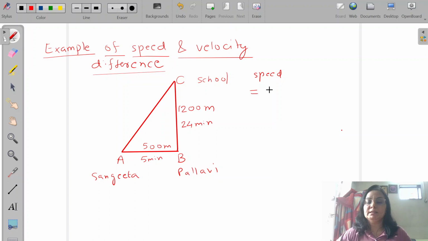It will be total distance travelled upon total time taken. But if you want to find out speed from A to B, it will be distance travelled, which is 500 meter, upon total time taken, which is 5 minutes. This comes out to be 100 meter per minute.